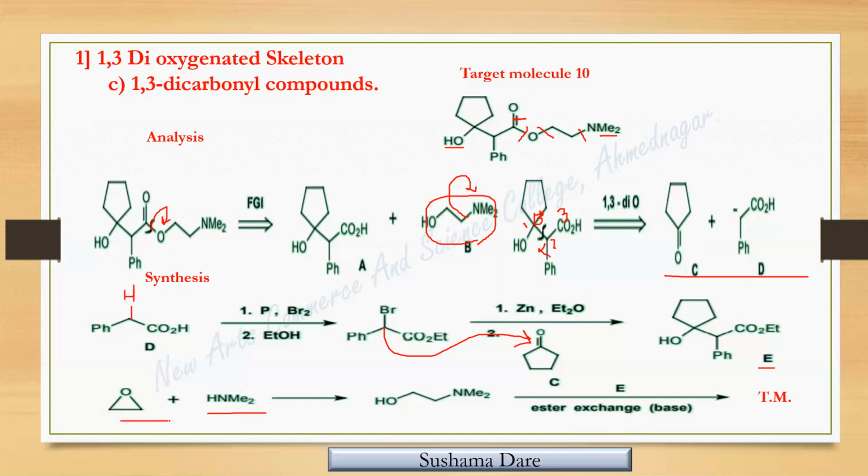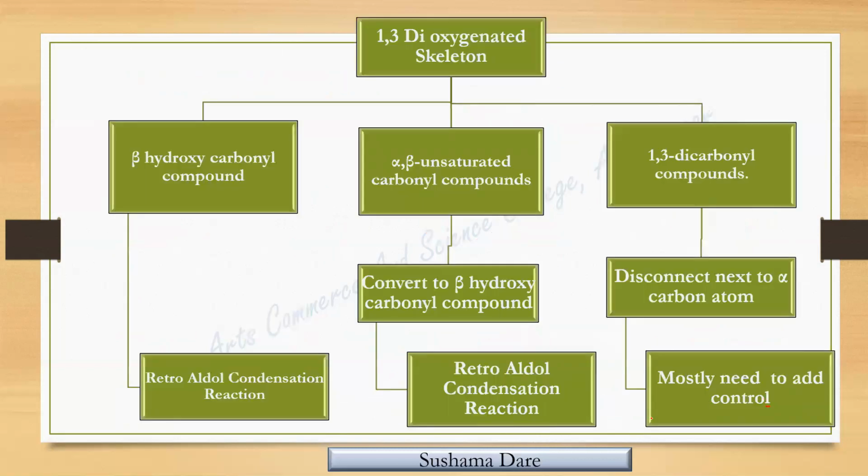The best synthetic equivalent for this is epoxide. So how do you get this? That epoxide plus dimethylamine gives this part. What is this? This is B. Next step: once you get B, treat this B with E. B plus E gives the target molecule.